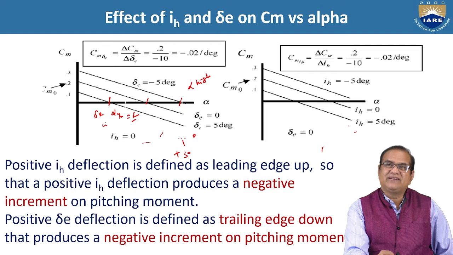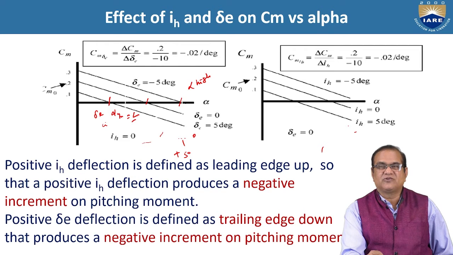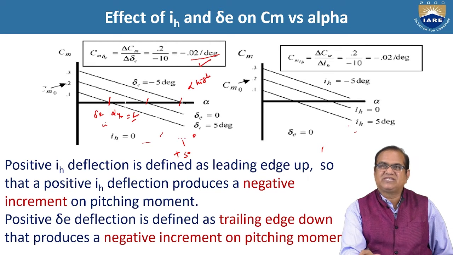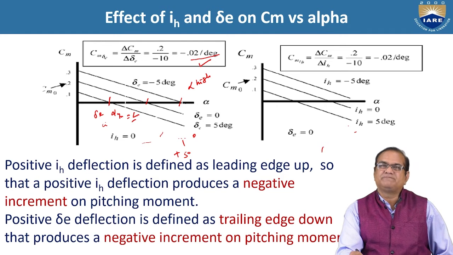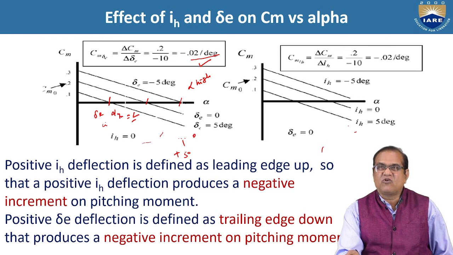So here we can see that Cm delta E is equal to delta Cm by delta E. So here you can see 0.3 minus 0.1 is equal to 0.2, and here minus 5 to plus 5, it is a minus 10. So Cm delta E will be minus 0.02 per degree. So this is the control power of the elevator. Now Cm IH, the coefficient of moment when we deflect the incidence angle of the horizontal tail.